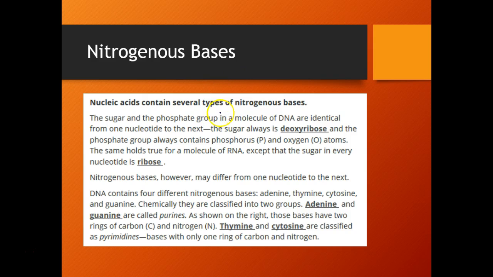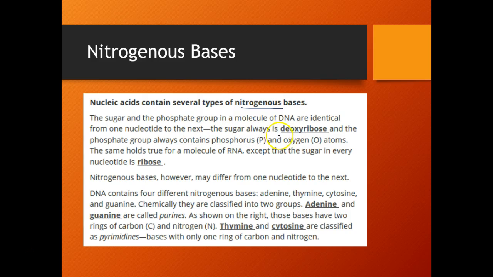But let's look at nitrogenous bases a little bit more carefully. Nucleic acids contain several types of nitrogenous bases. The sugar and phosphate group in a molecule of DNA are identical from one nucleotide to the next. So every single nucleotide has the same sugar and phosphate group.